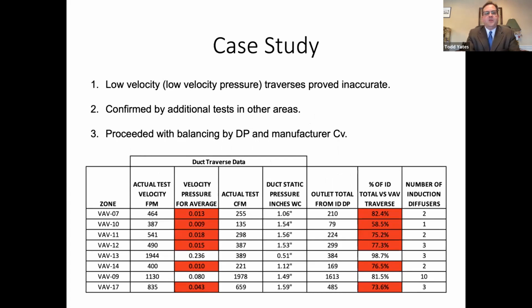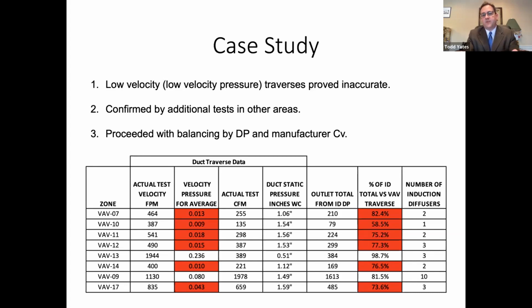So when you take this same snapshot where I'd pared a lot of information down, you can see that all of the low velocity traverses were inaccurate. We had low velocity 400, 300, and look at those velocity pressures. Think about that.